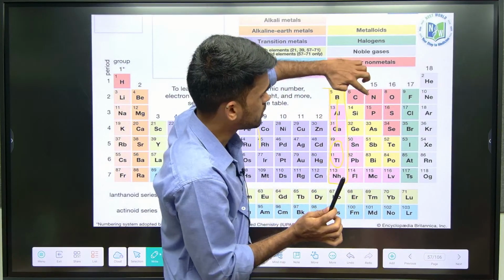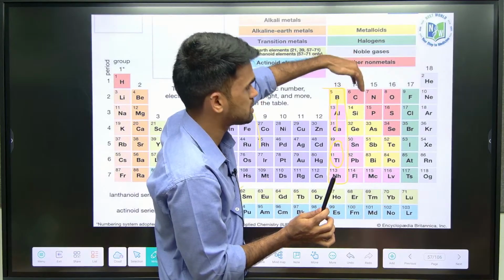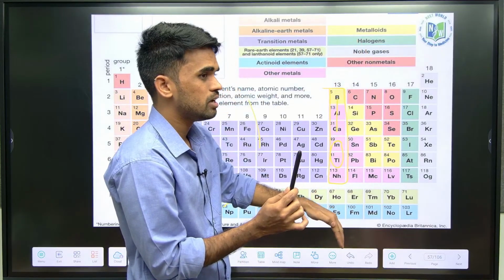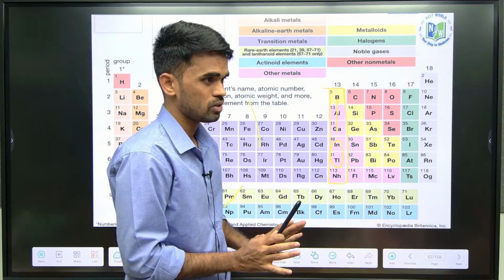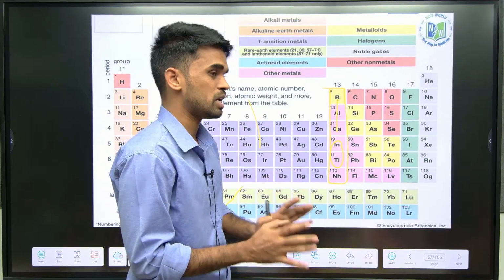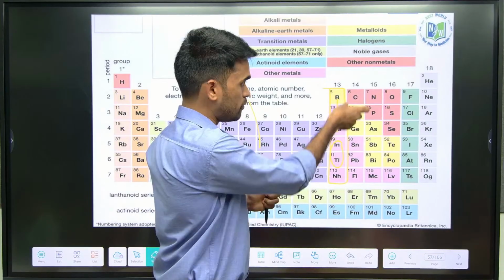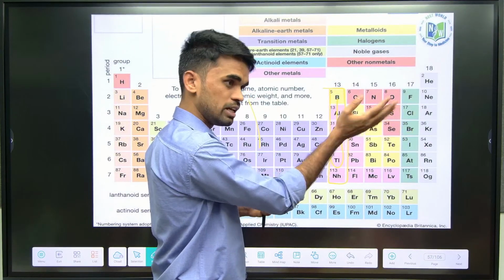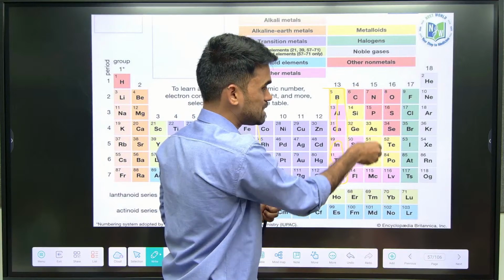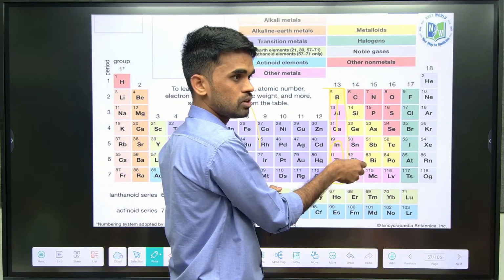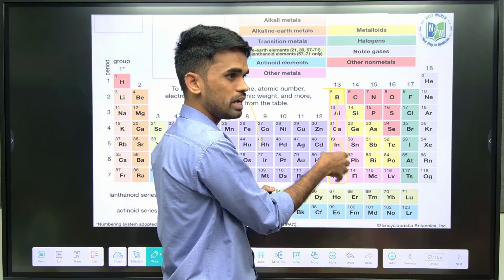Then nitrogen, phosphorus, you just read them fast, or somehow you need to remember them. It's completely up to you. If you are comfortable in Hindi, you can make one Hindi term out of it. If you are comfortable in English or Telugu, whatever it is, make one simple sentence out of it, like a mnemonic. Then it will be remembered.